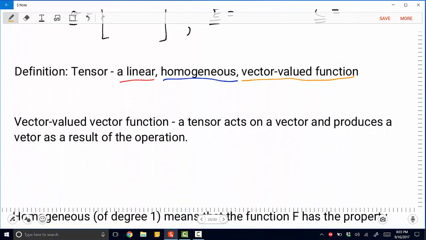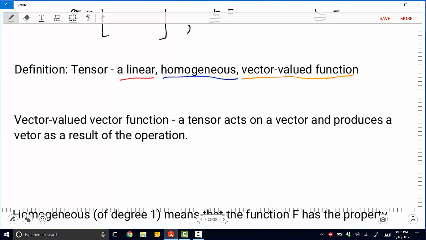A vector valued function is a tensor that acts on a vector and produces a vector as a result of the operation. So if we have some input vector and we perform an operation with a tensor, our output, or the product, will be a vector v.